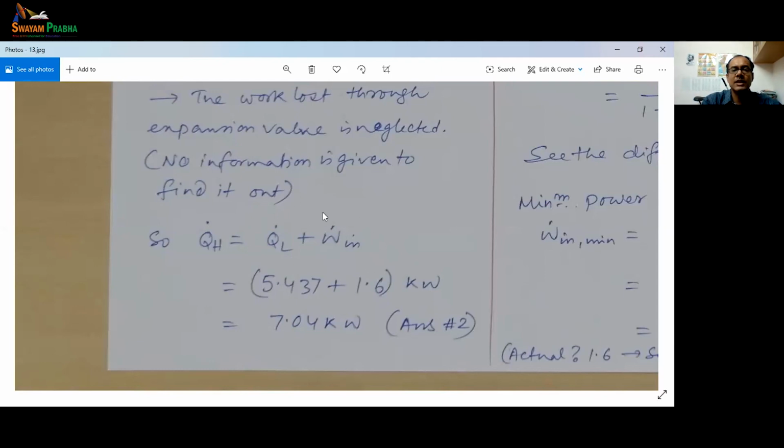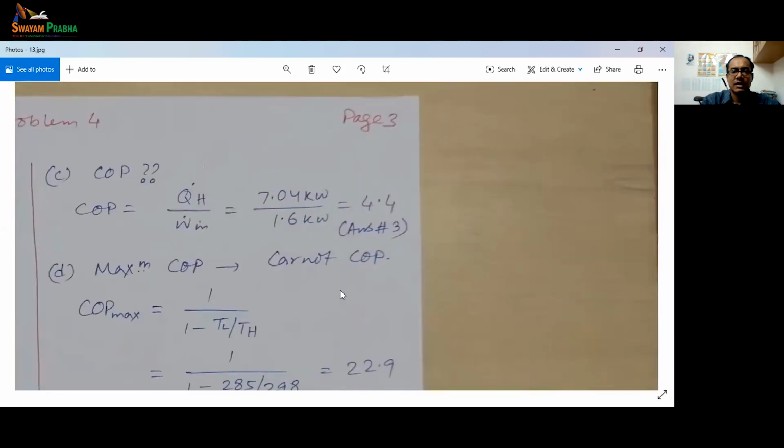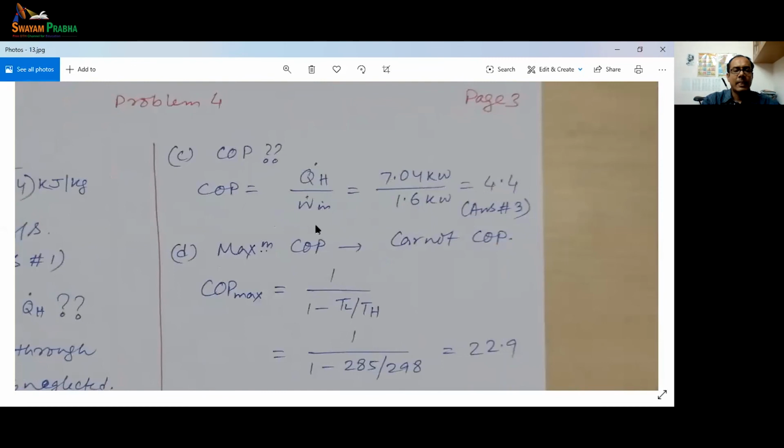So the right hand side is the input into the control volume and the left hand side is the output, and they have to match. And this W in through the compressor is given as 1.6 kilowatt, and Q dot L we just found out is 5.437 kilowatt. So the total heat rejected to the condenser is 7.04 kilowatt, and that's your second answer. Now the third one is what is the coefficient of performance.